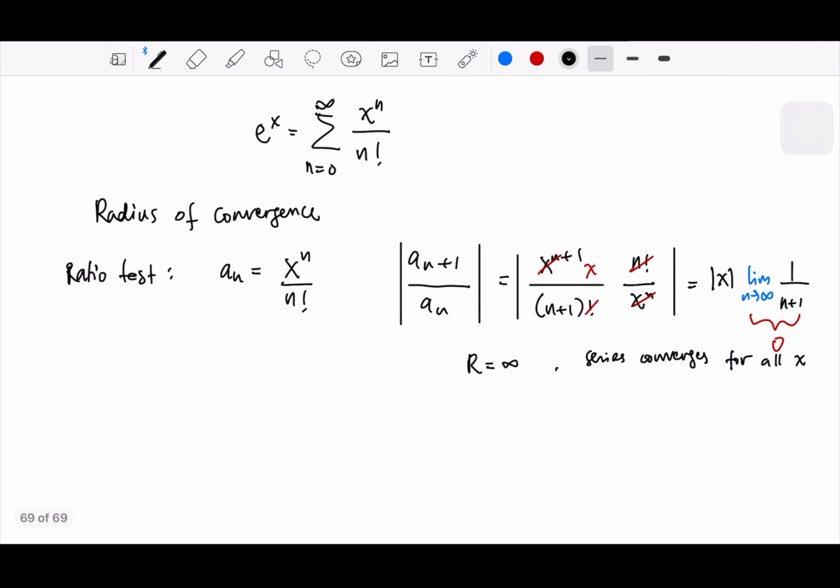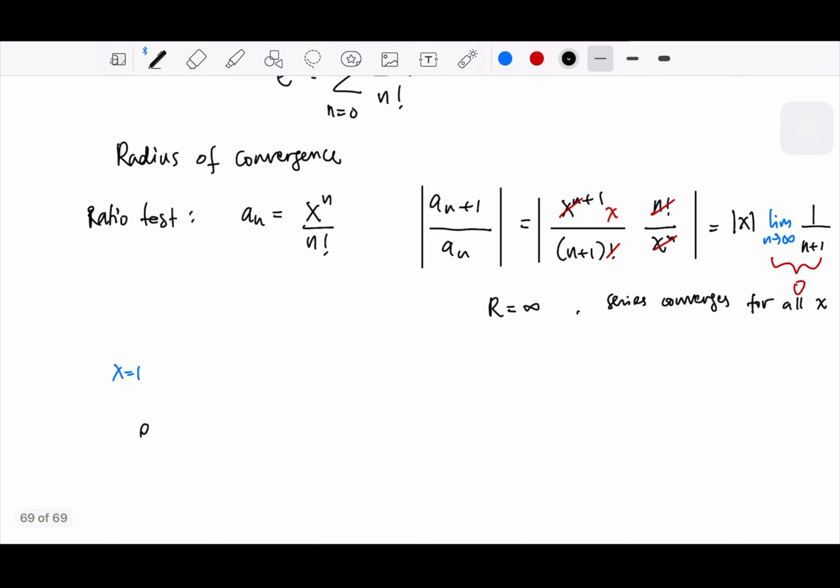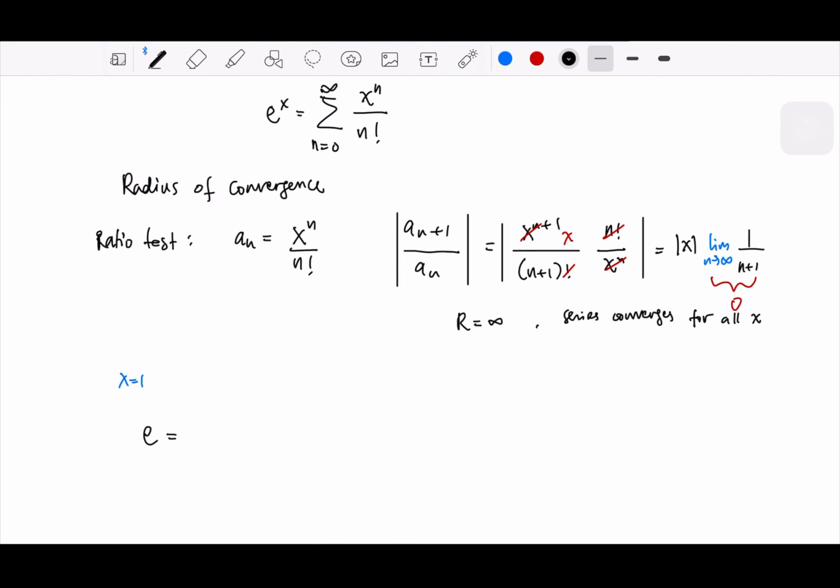And interestingly, if you let x equal 1 for e to the x, then you will have e is equal to the series.